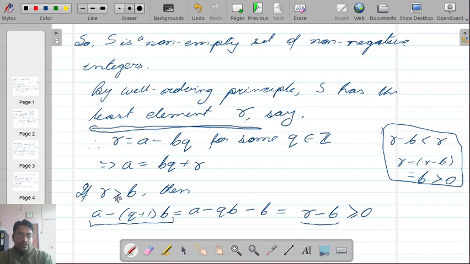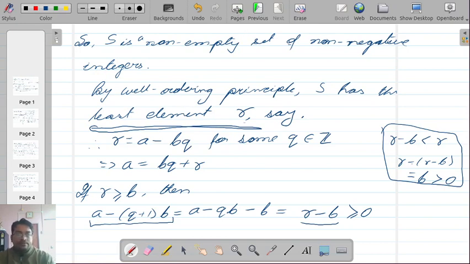So if R is greater than or equal to B, we will have a contradiction. That means R, the smallest element that we are talking of, has to be less than B. If it is greater than or equal to B, it cannot be the smallest element. There are many R's which satisfy R equal to A minus BQ. Out of them, the smallest we have chosen by the well ordering principle.